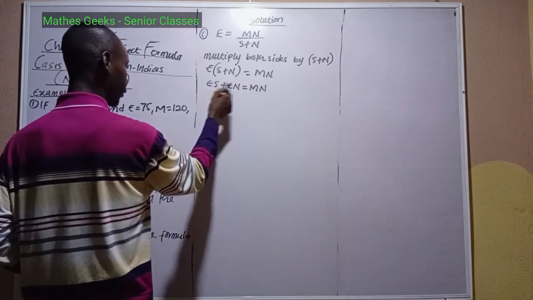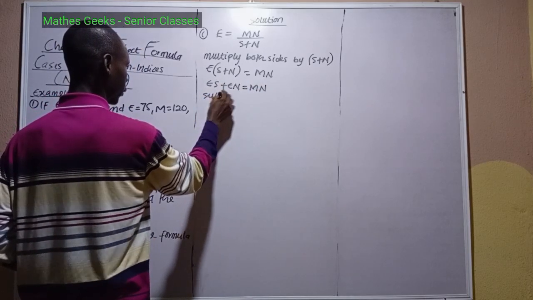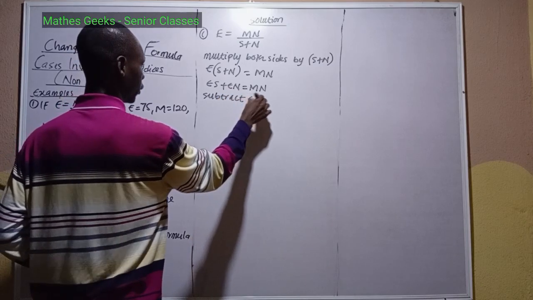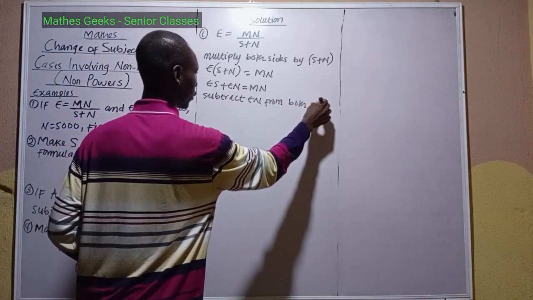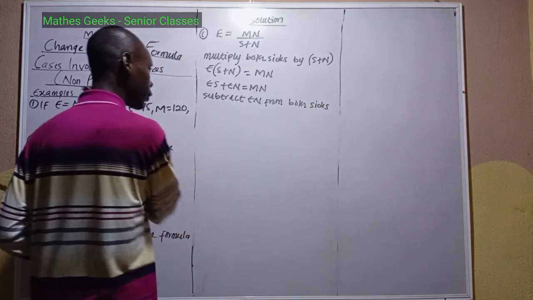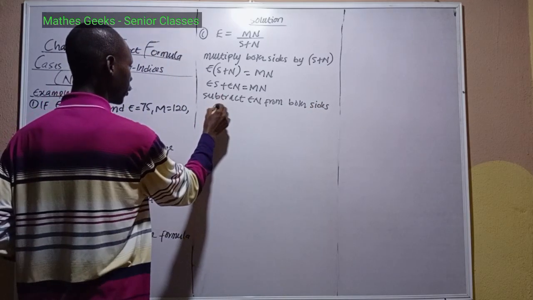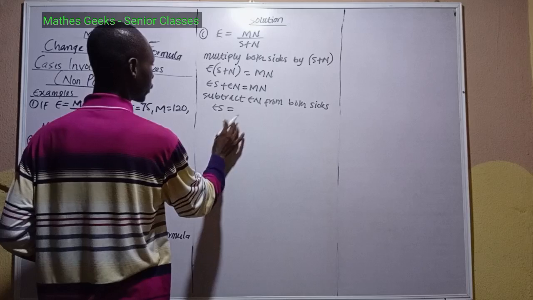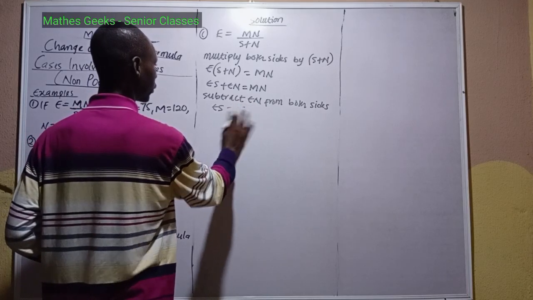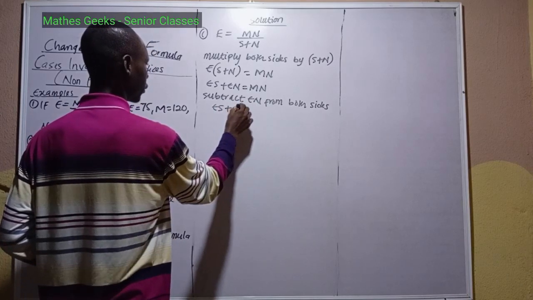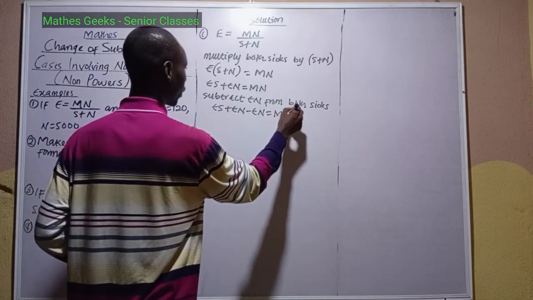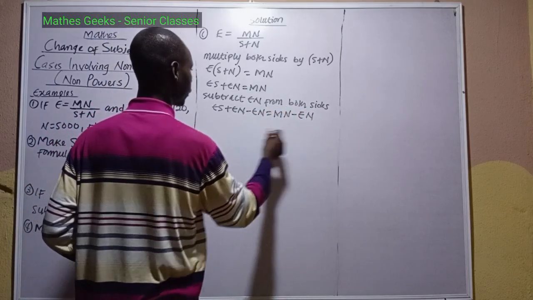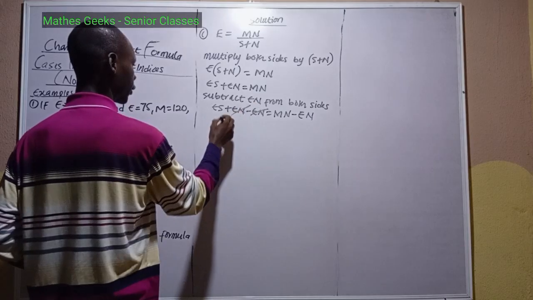Eliminate E N from both sides. So E S plus E N equals N minus E N, so this will cancel.